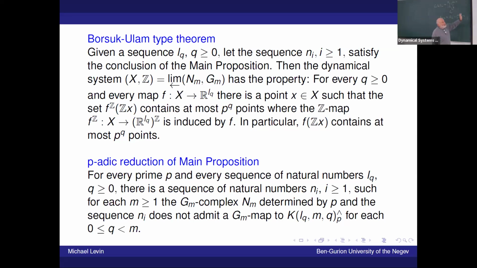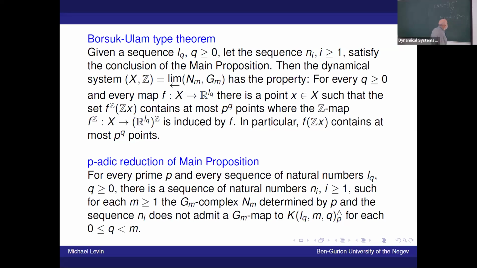Once again, we turn all the groups G_i into actions. We now have a system of G-spaces with bonding maps being equivariant, and it will determine the inverse limit, so the inverse limit is well-defined. And we will have the action of Z_p on the inverse limit.